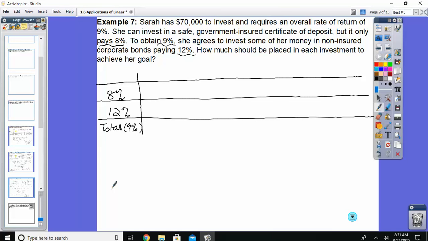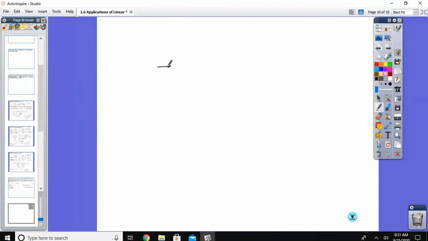Okay, my formula across the top, it's not going to be the same as the others because I don't have an amount and a concentration. I'm talking about interest here. How do we calculate interest? I know you've done it before. Yeah. I equals PRT.